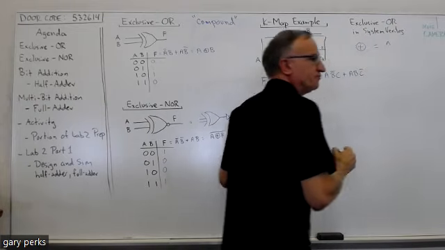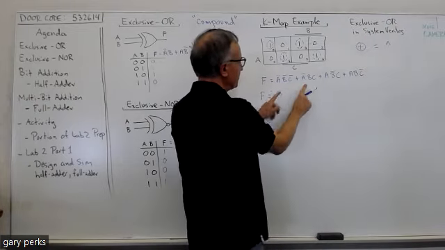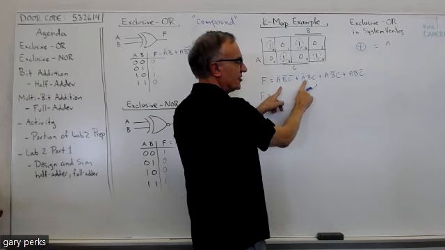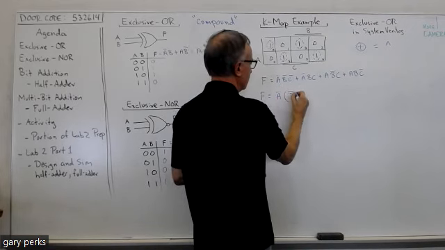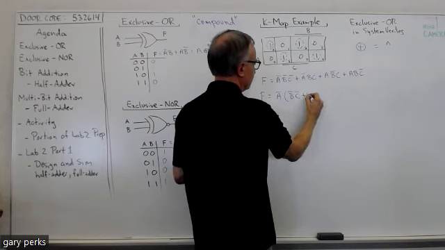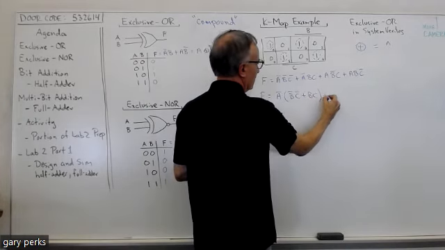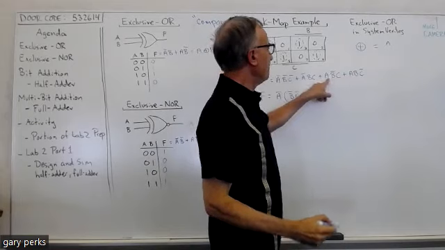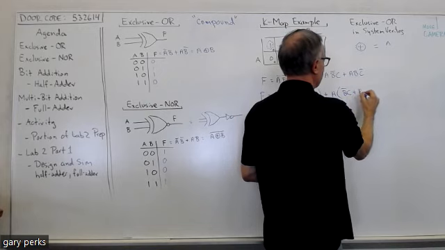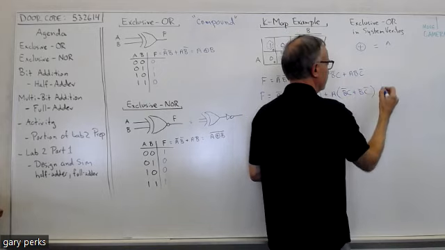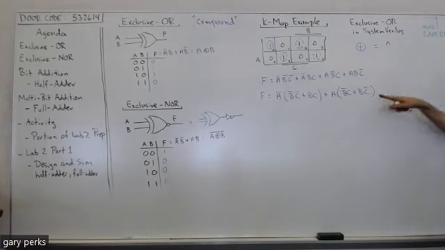So I could factor out the not A from both of these terms, and I could write it like this. And likewise, I can factor out the A from these two terms. And I would end up with this expression here.